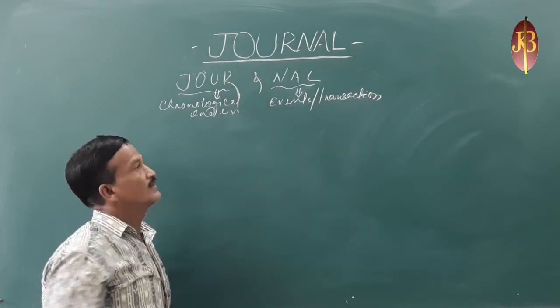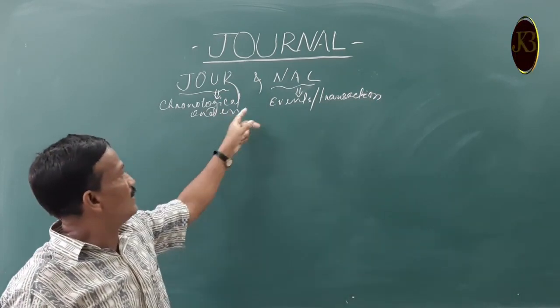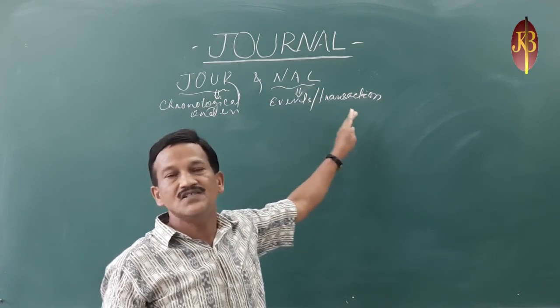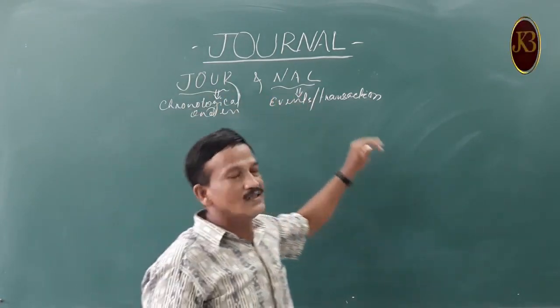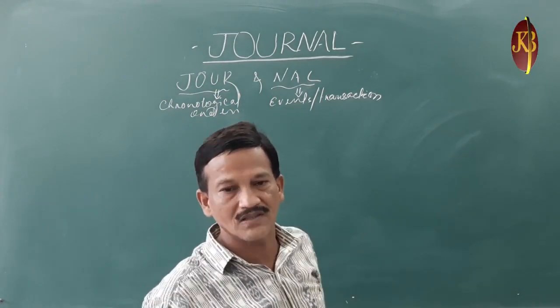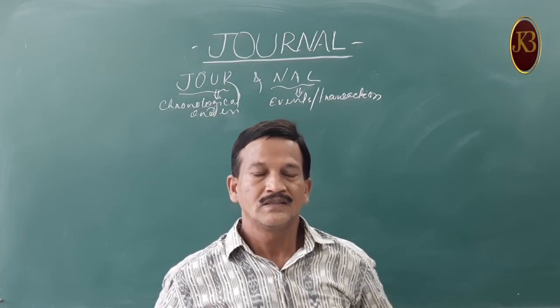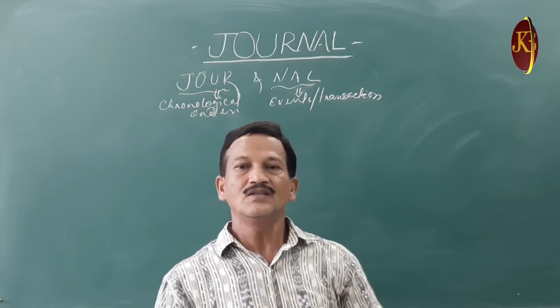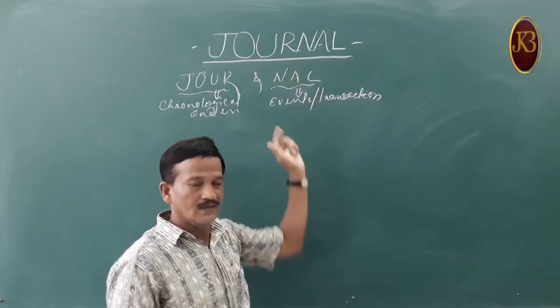So journal means the chronological recording of events or transactions. That means journal is the recording of transactions in chronological order in the accounting books.